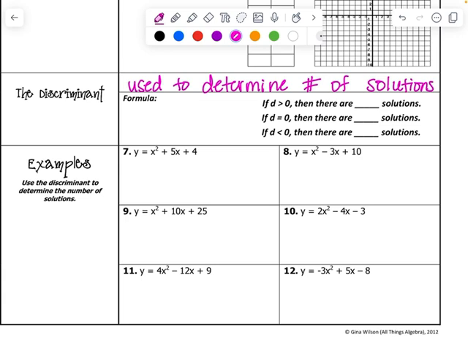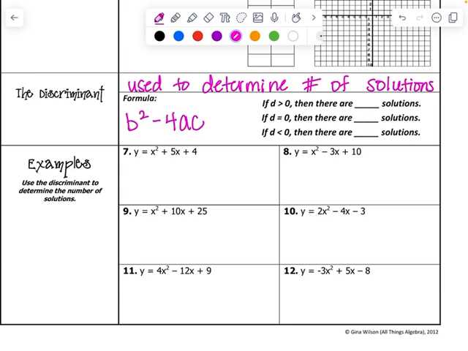The discriminant is something that you'll see again in a formula we use here in a couple days. But for now, I want you to just focus on b squared minus 4ac.